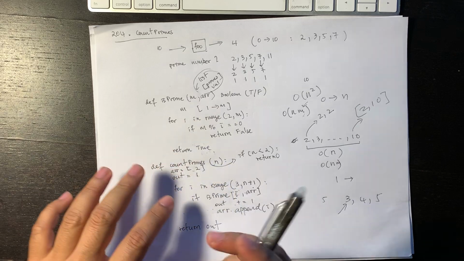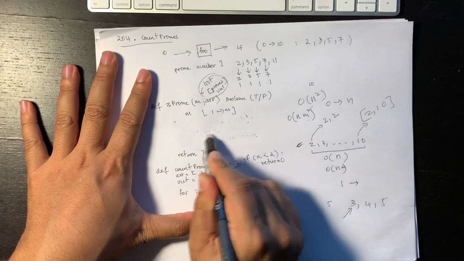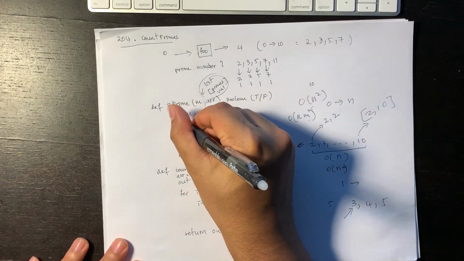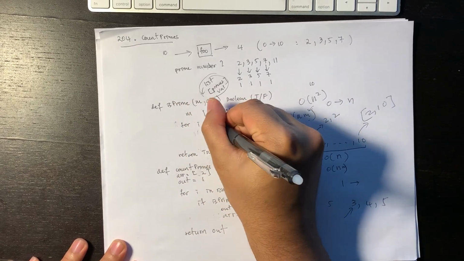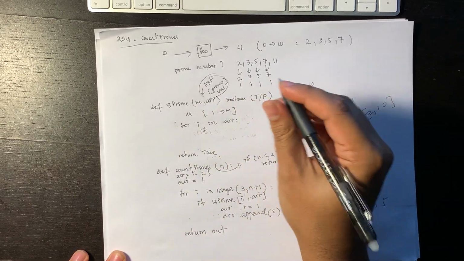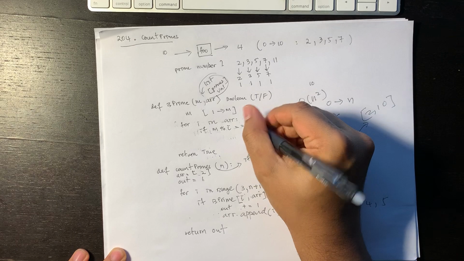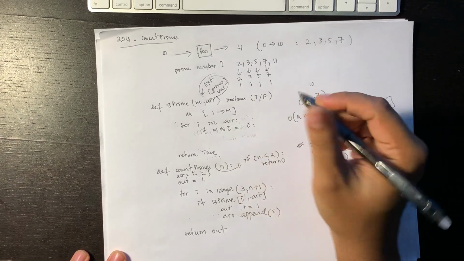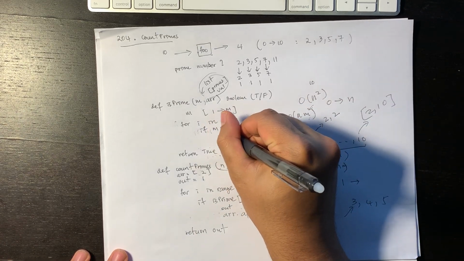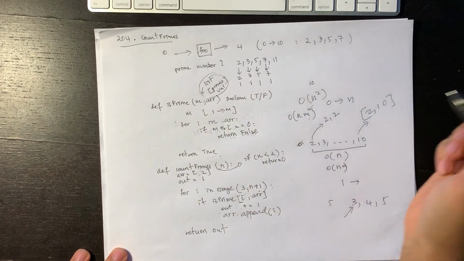Now we need to change this. Instead, we want to do for i in array, if m mod i is equal to 0, meaning it's divisible by other prime numbers, we want to return false, else return true.